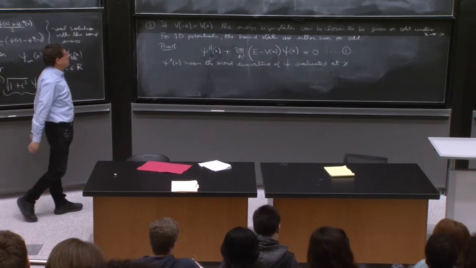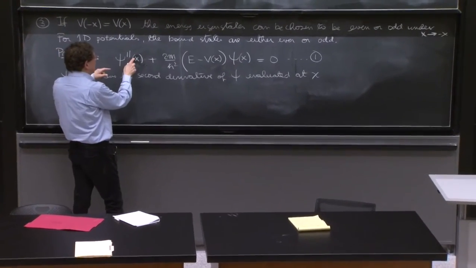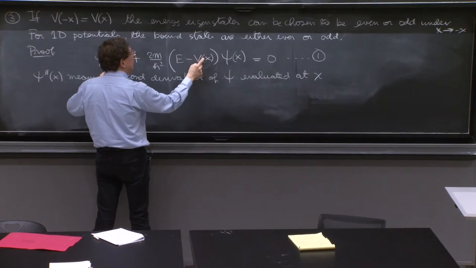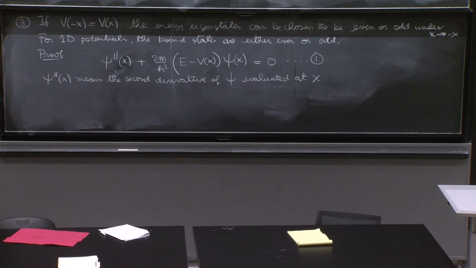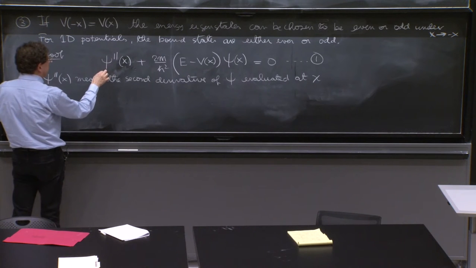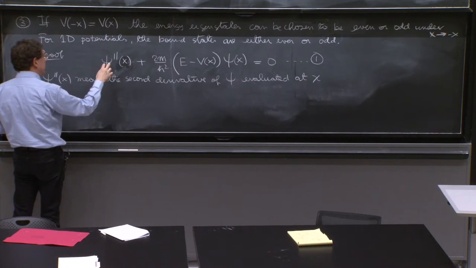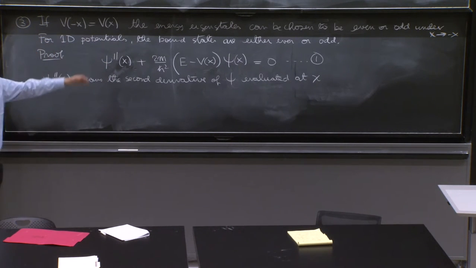It's kind of clear. Well, you sort of put psi of minus x here, minus x here. Well, you would put minus x here, but if the potential is even, it will solve the same equation. Now, the only complication here is that there are a few x's in the derivatives here. But whether there's a complication or not, there's two derivatives, so the sign should not matter. But I want to make this a little clearer.